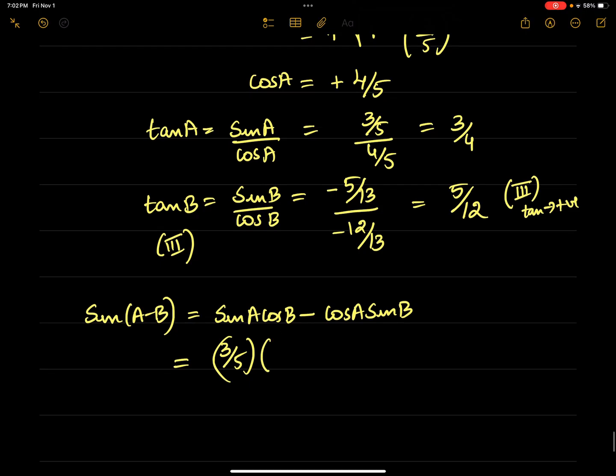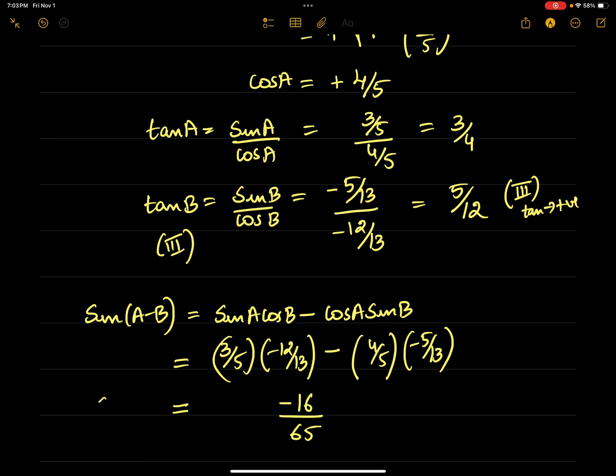Cos B is minus 12 by 13 minus cos A is 4 by 5 and sin B is minus 5 by 13. Correct? So if we solve this, the denominator is common, so that would be 65 and this would be minus 36 plus 20, so this would be minus 16. So the value of sine of A minus B is minus 16 by 65.